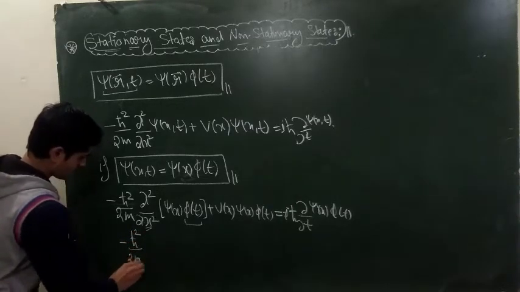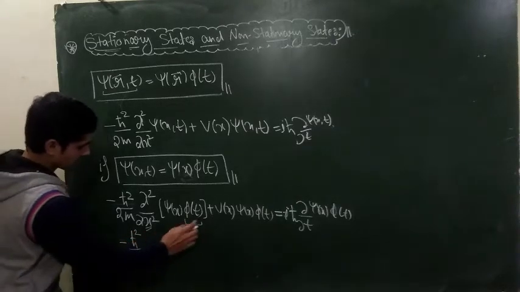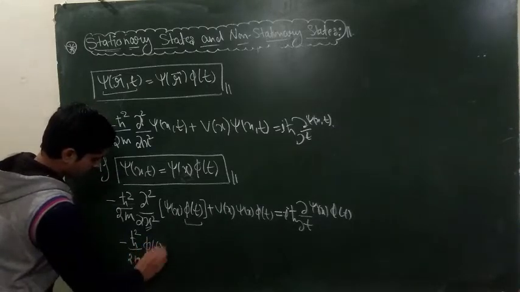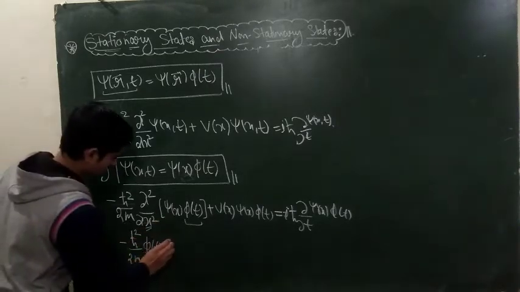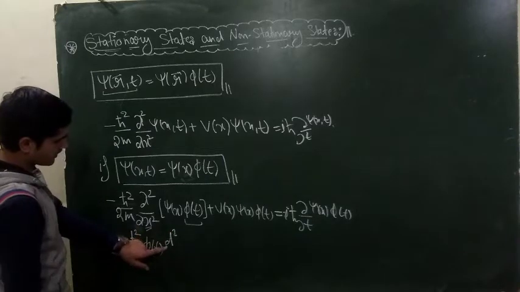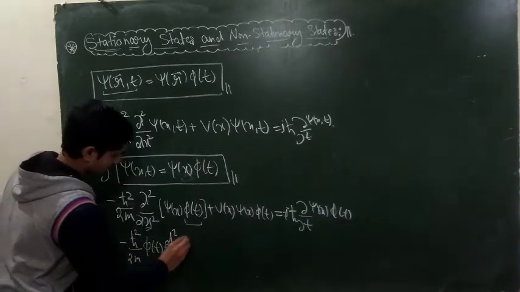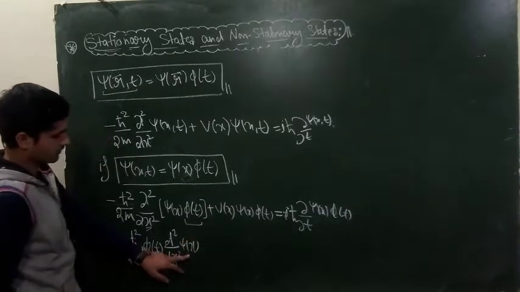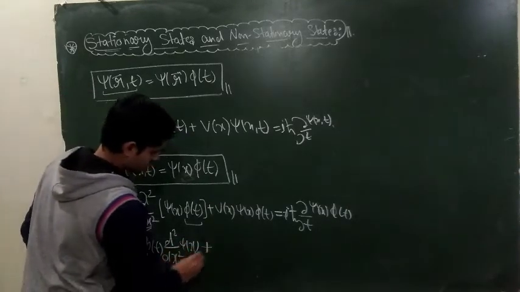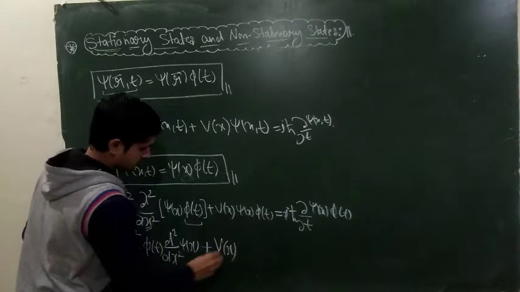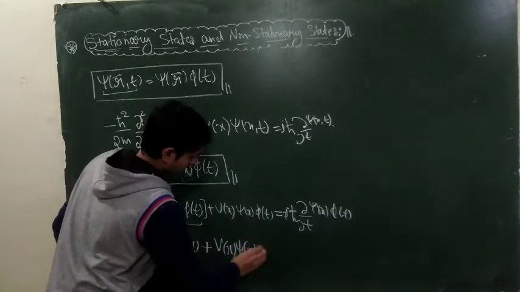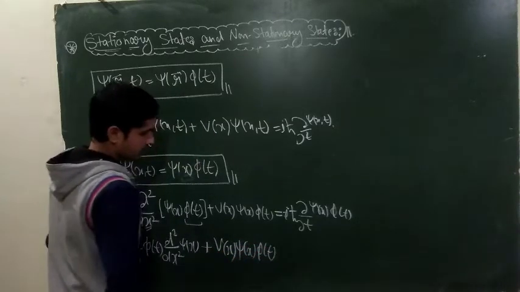So the equation will be like this. The phi(t) will be out of the derivative, and this partial derivative will be converted into a complete differential coefficient. So it is the second derivative of psi(x), plus V(x) psi(x) phi(t).